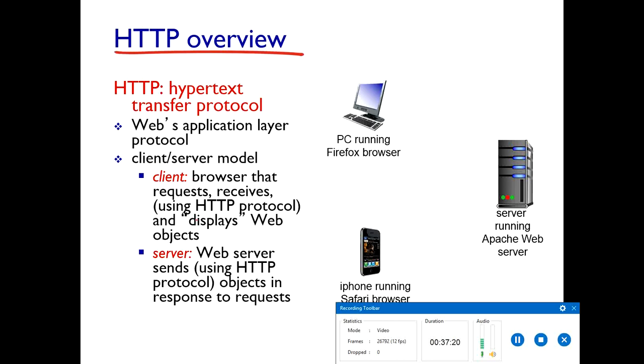Using the HTTP protocol, your browser sends a request to the server and the server responds by sending the requested object. The web server sends, using the HTTP protocol, all the objects that are requested by the client. For example, we have a PC using the Firefox browser and an iPhone using the Safari browser.